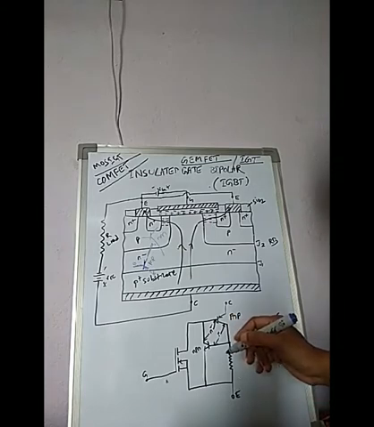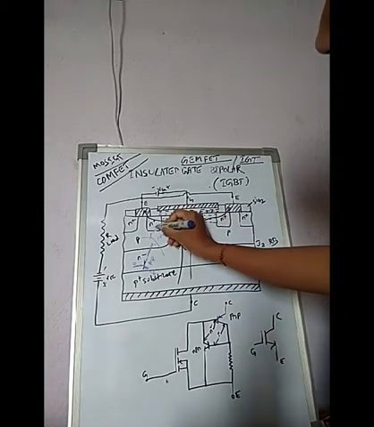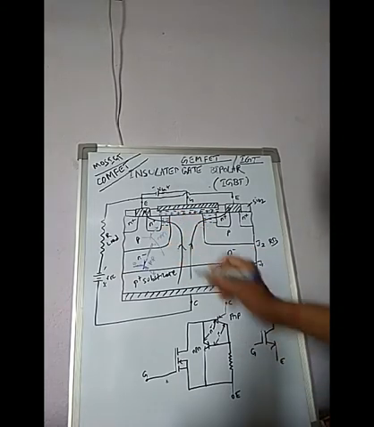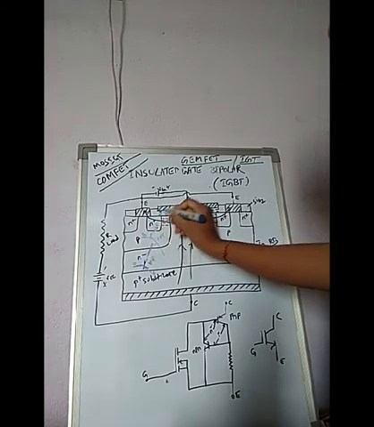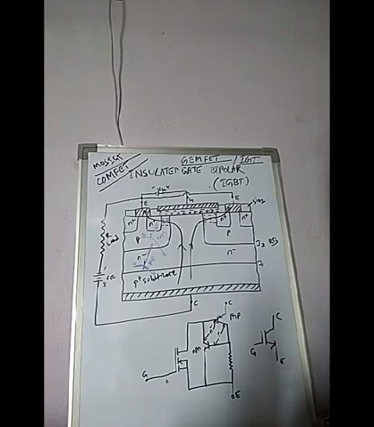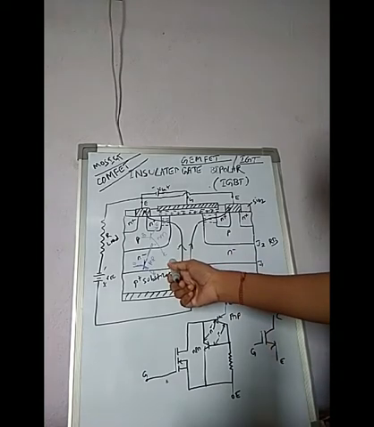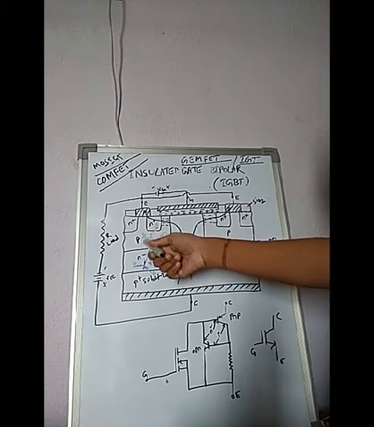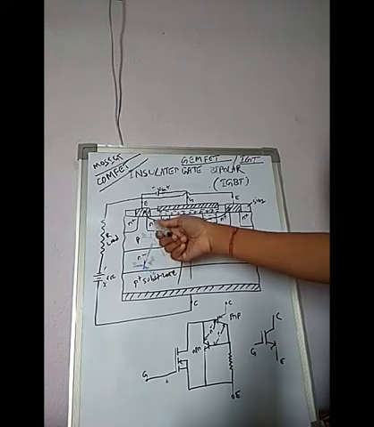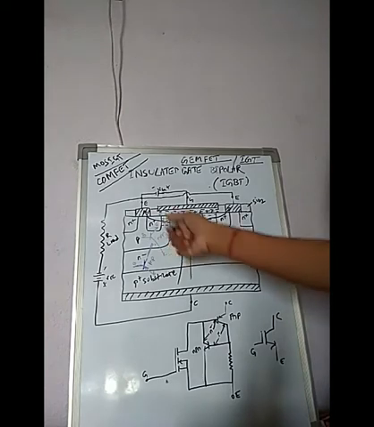Here the N minus region acts as collector, the P region acts as base, and the N plus region acts as emitter for this NPN transistor.